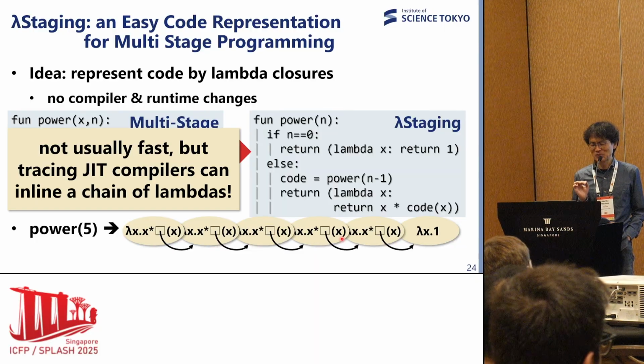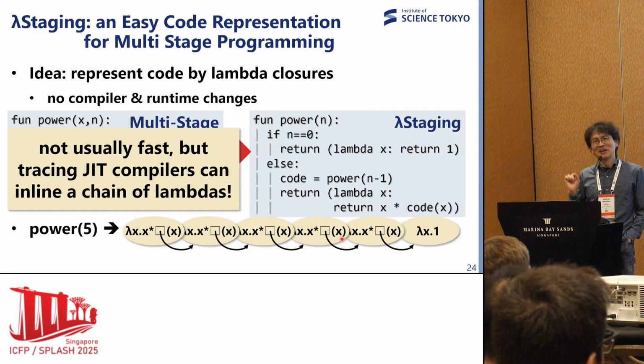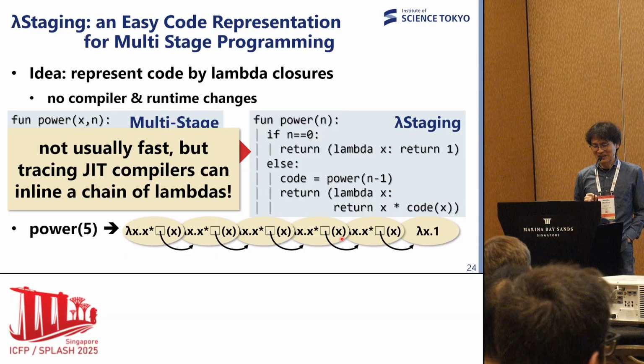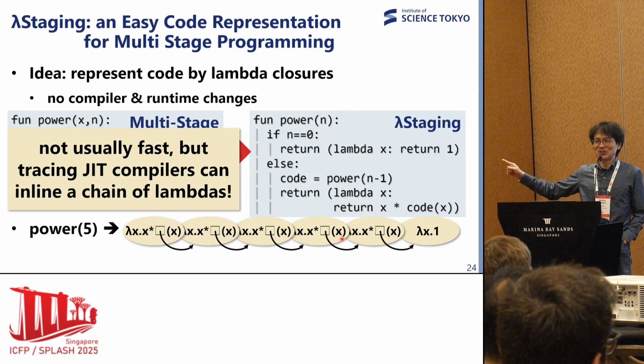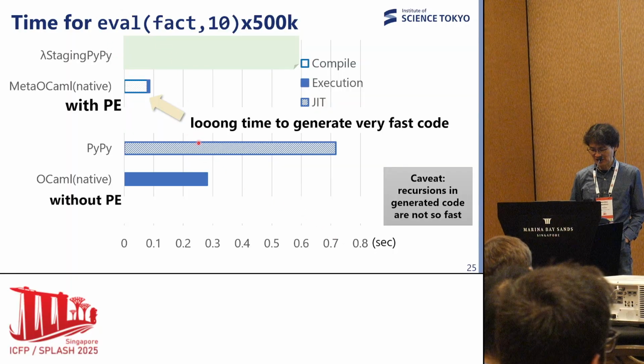which isn't usually fast because of the number of indirect calls. But by using a tracing JIT compiler, this chain of closures is optimized away. And then we did another experiment. Unfortunately, there are no tracing JIT compilers for OCaml, so we use PyPy for the comparison.